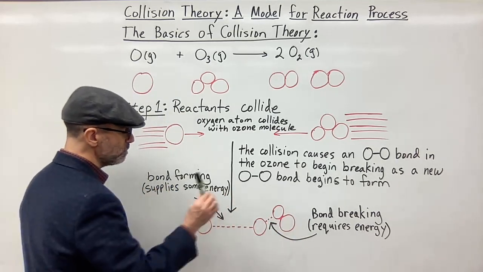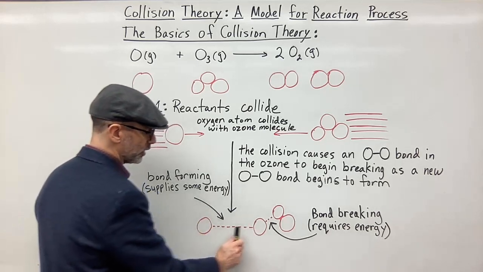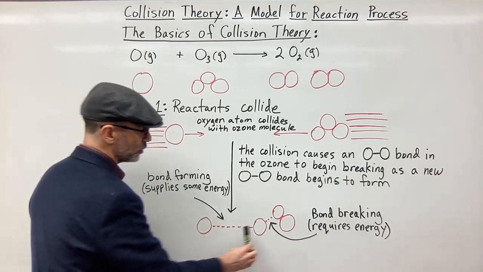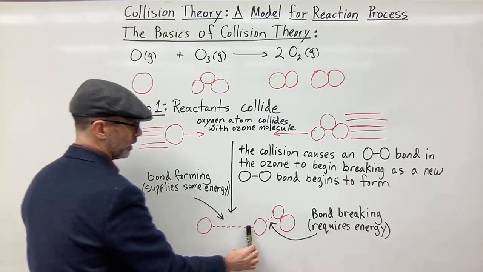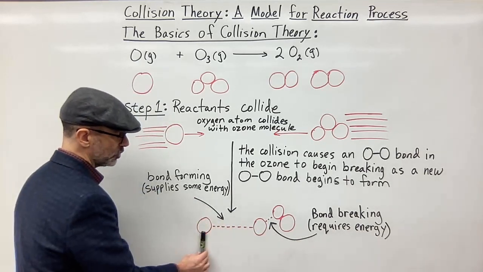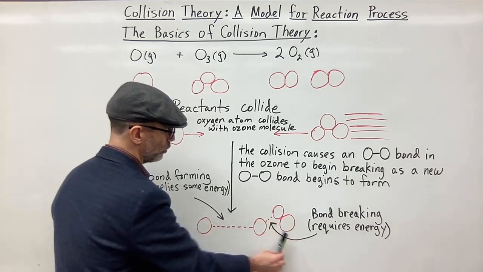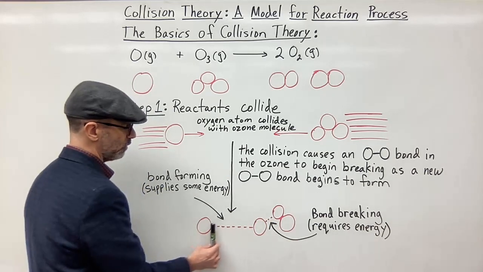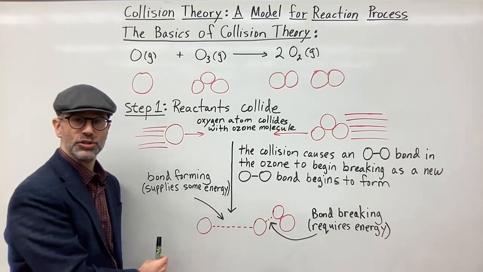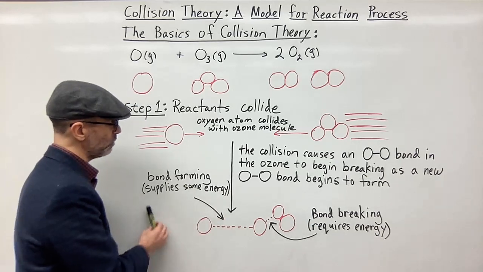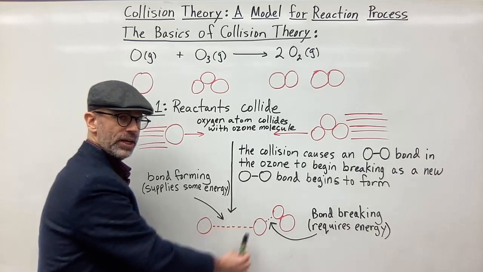As the oxygen atom gets closer, there's going to be a formation of a bond between the oxygen atom and one of the oxygen atoms in the molecule of ozone. This is going to supply some energy for the reaction. Some energy is released by the formation of this bond.